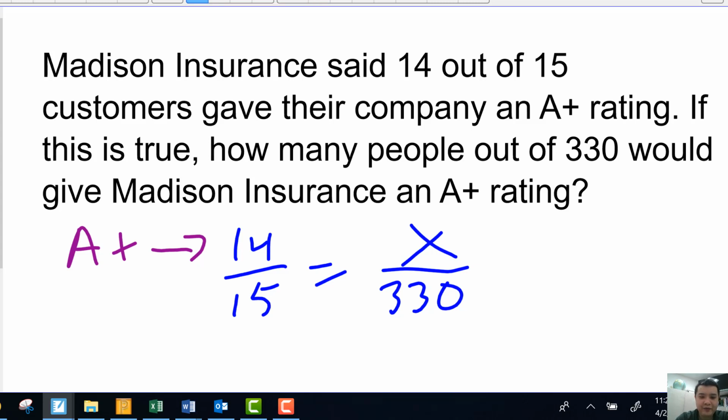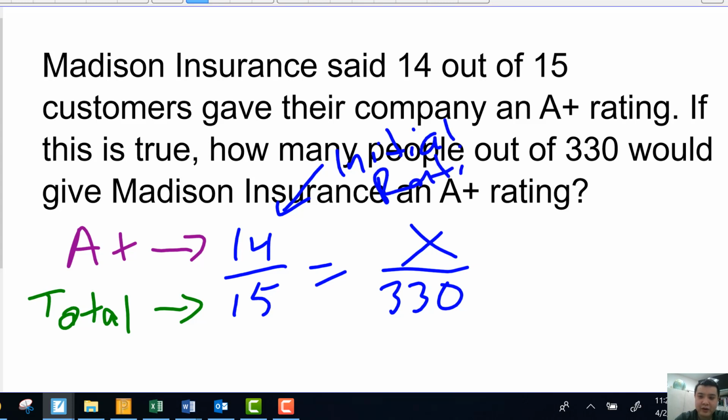The bottom part down here represents total people surveyed. This is the initial ratio, and this is the ratio with 330 people.